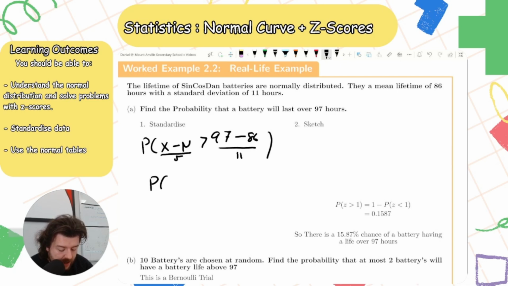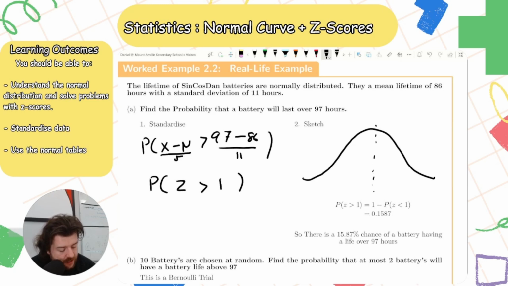So I get the probability of my z-score greater than 1. Perfect. Now sketch it out. Always draw a sketch. Here's z equal to 1, and I'm looking for the area above that.